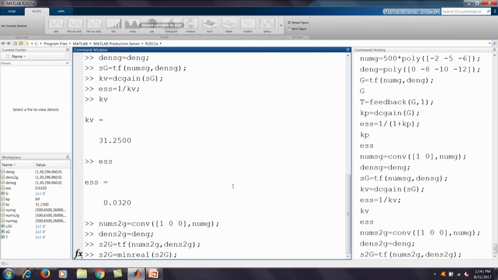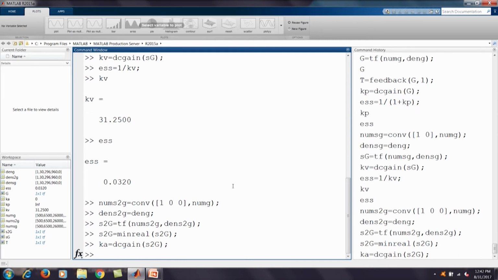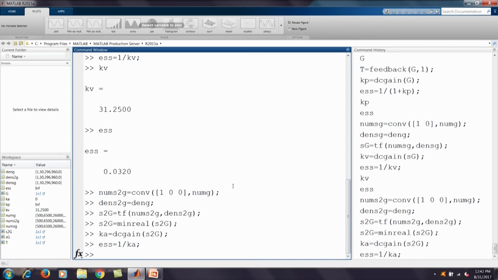For example, if s plus 2 is in both, they will be cancelled. Once we do this, we get Ka equals DC gain of s2G, and ESS is 1 by Ka.